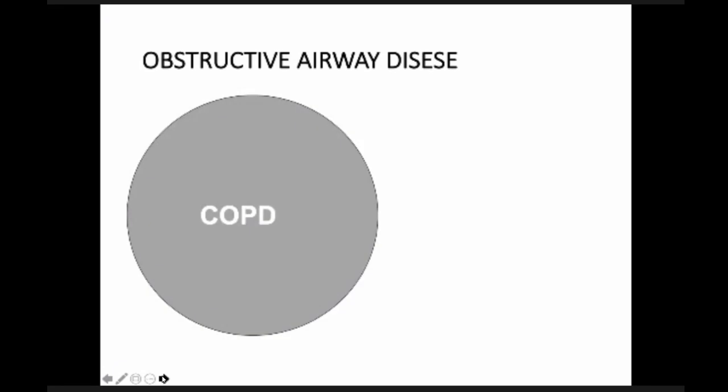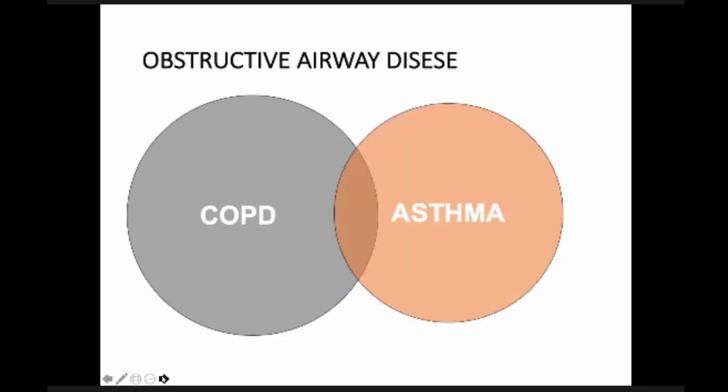So obstructive airway disease, there's COPD and there's asthma. But sometimes clinically, there's an overlap between the two. So clinically, with the patient, sometimes we cannot give a clear label whether this is asthma or COPD. So as you see, there's a bit of overlap here.